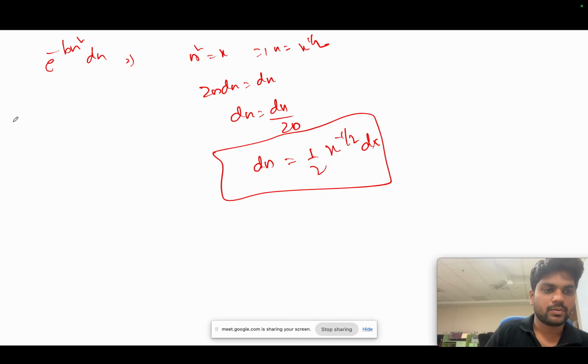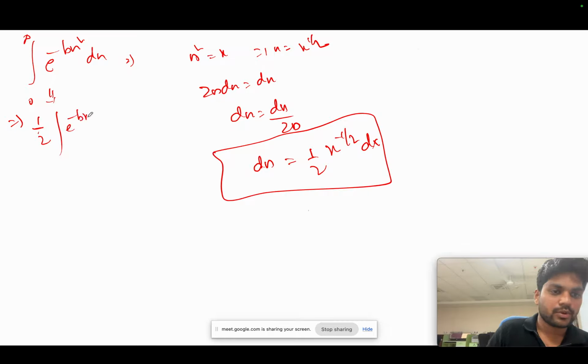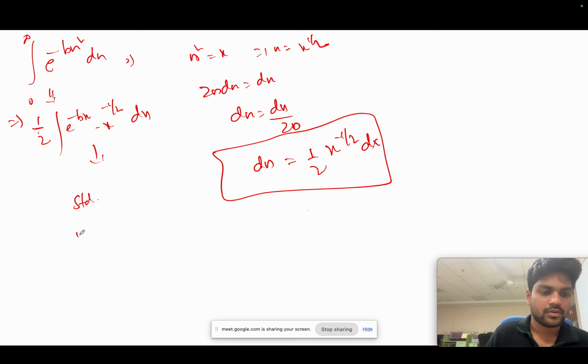So now by applying this rule, this whole will become, if I apply the integral 0 to infinity here, half into the integral of e to the power minus x into x to the power of minus 1 by 2 dx. For this, in mathematics integration, there is a standard formula which is nothing but square root of pi by b.